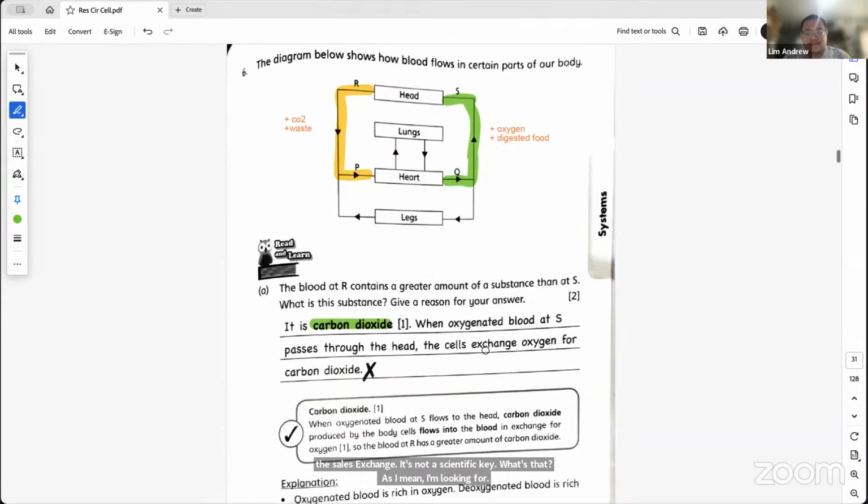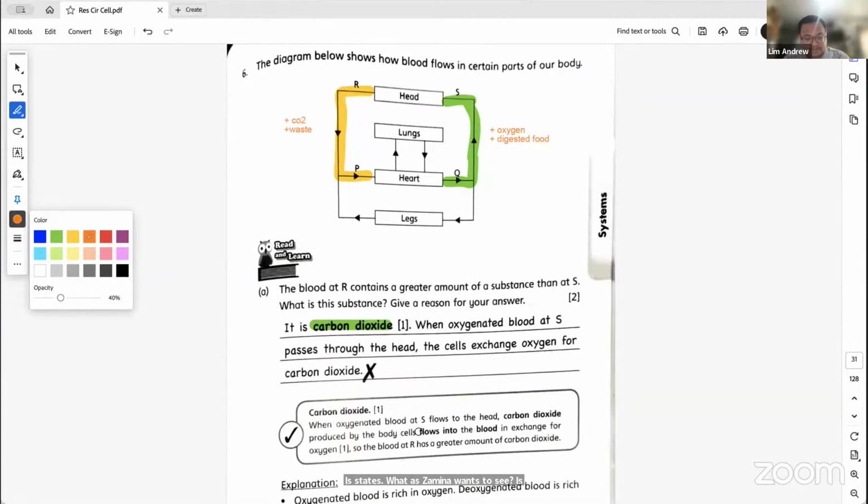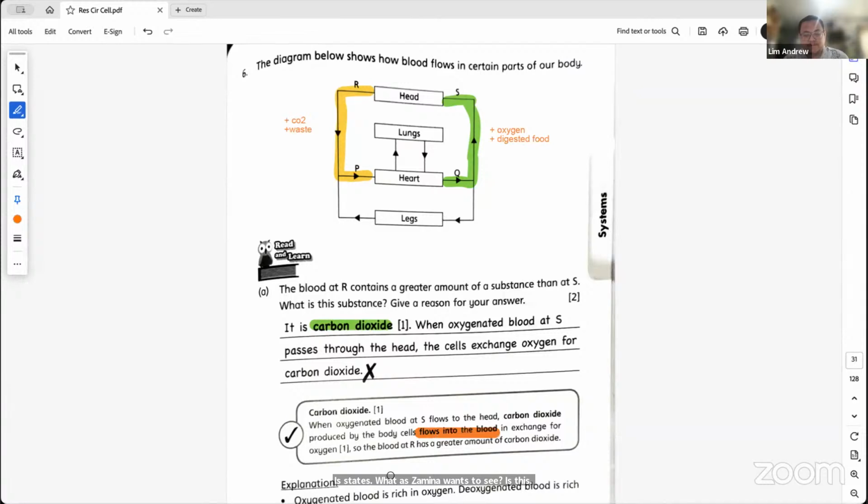Instead, what the examiner wants to see is "flows into the blood." This is the keyword the examiner wants to see. If they don't see it, even if you write "exchange," you are still marked wrong because you did not convince the examiner that you understand this topic.